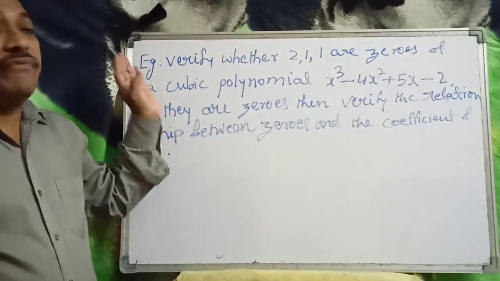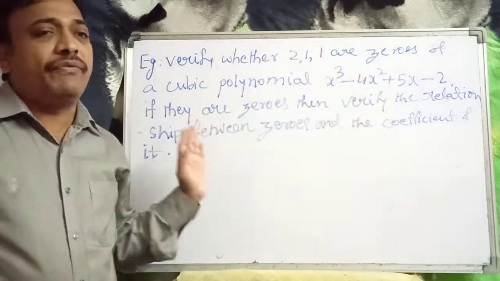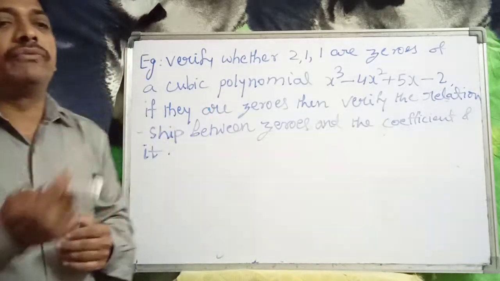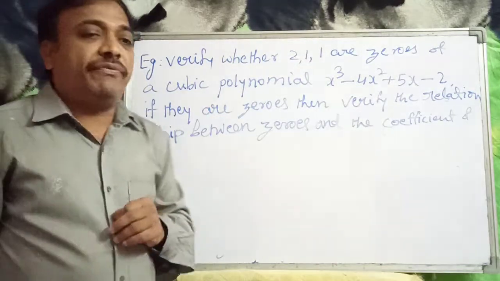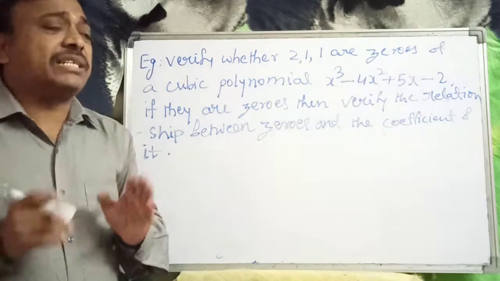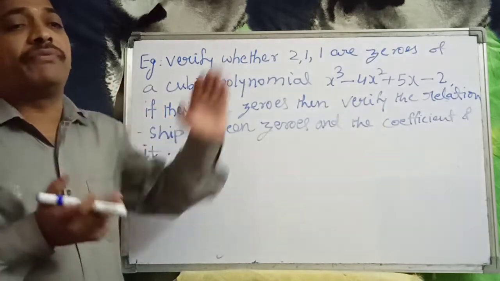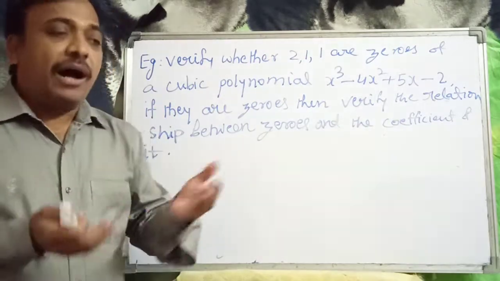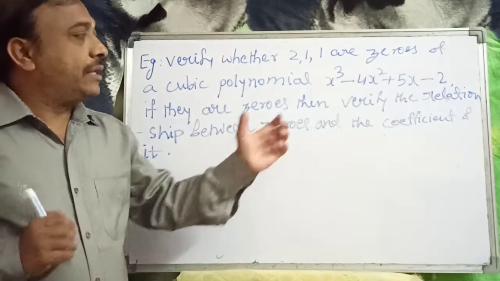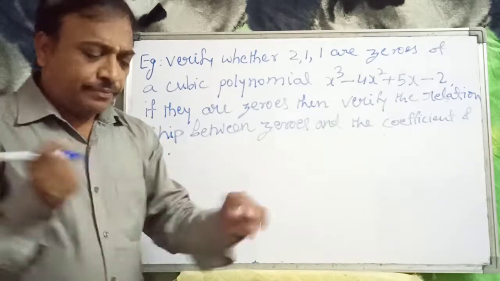So first we have to verify whether they are zeros or not for the given cubic polynomial. Afterwards, if they are zeros, then we continue with verification of the relationship between the zeros and the coefficients.